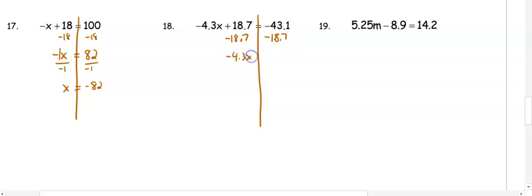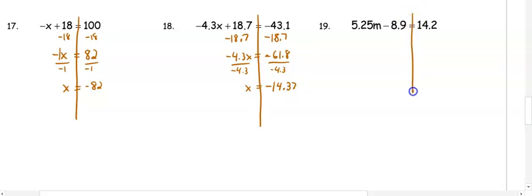Negative 4.3x is equal to negative 61.8. Then we can divide both sides by negative 4.3. So when we divide, we're going to round, so x is 14.37.